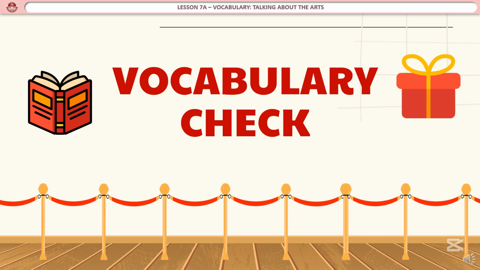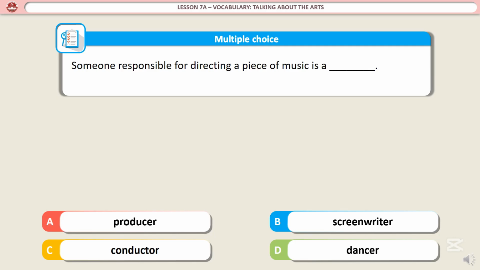Now, let's have a quick vocabulary check. Choose the correct answer. Someone responsible for directing a piece of music is a: A. Producer, B. Screenwriter, C. Conductor, D. Dancer. The correct answer is conductor.